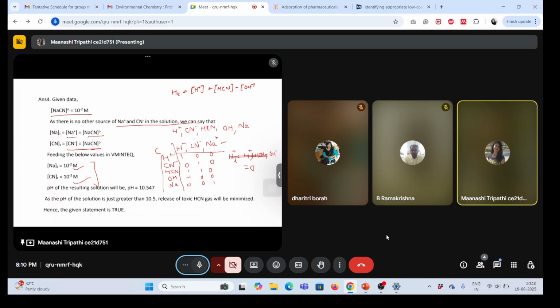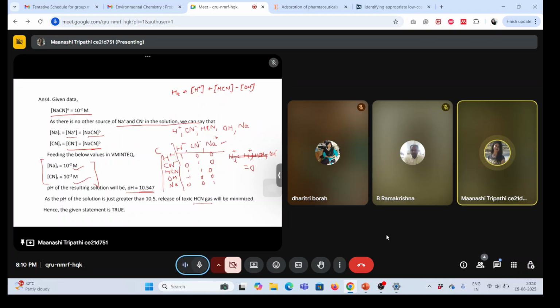We can simply feed these values, Na and CN, into Visual Minteq also, and the resulting solution will have a pH more than 10.5. It is a little bit greater than 10.5, hence we will see that no HCN is formed. We can simply solve this also.